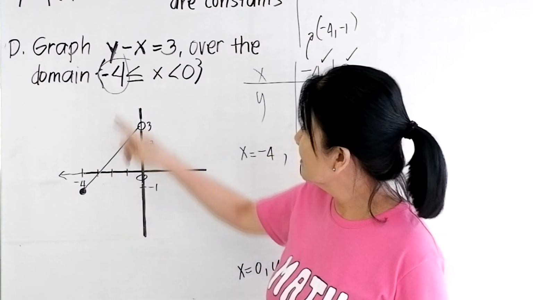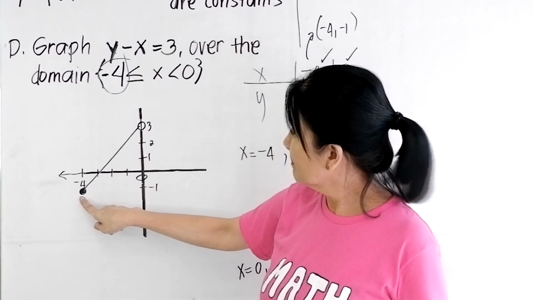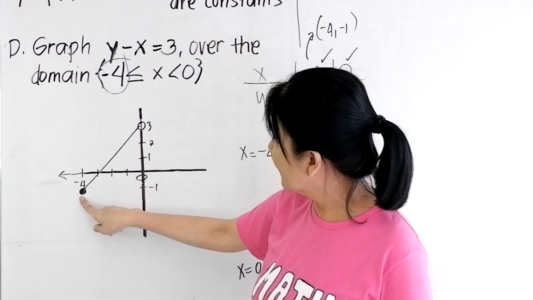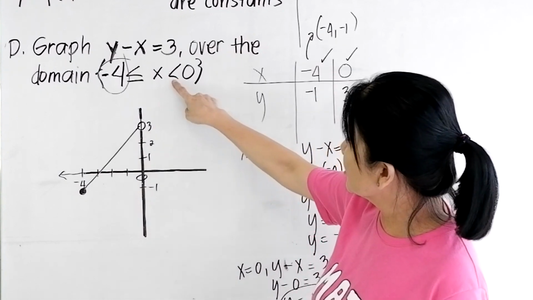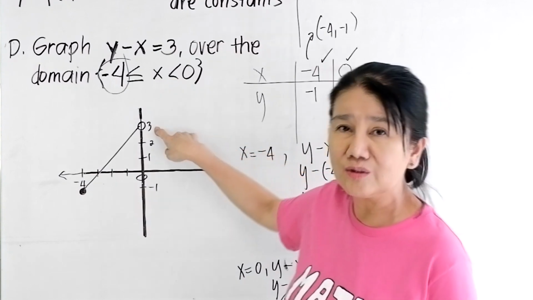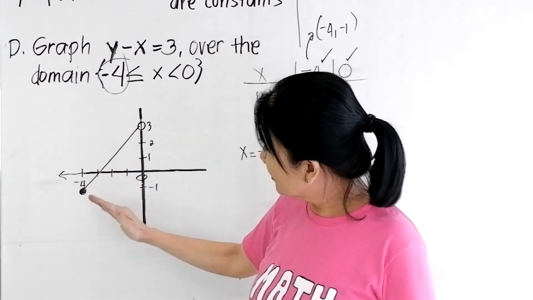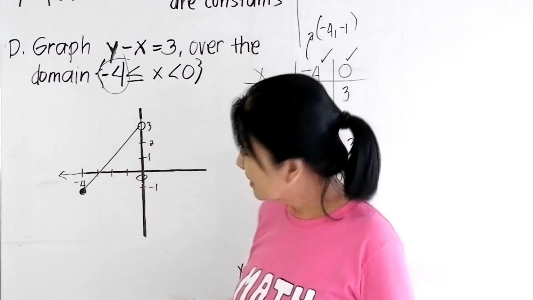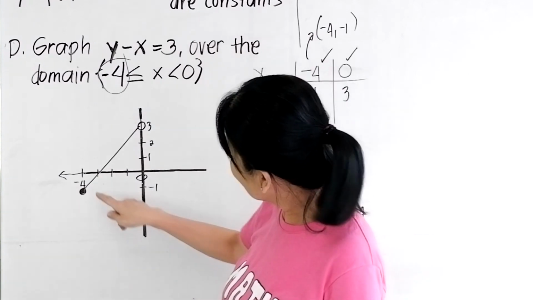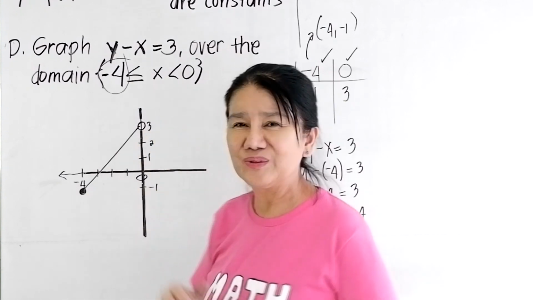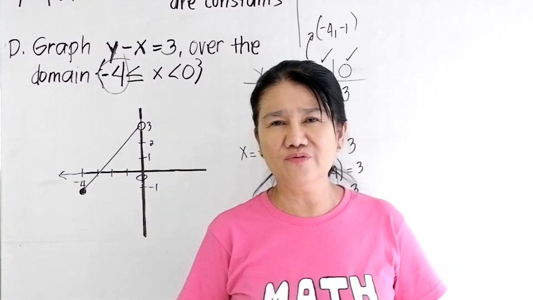This means that -4 is included or is on the line, while 3 here, since there's no equal sign here, is not included or is not a point on the line. There. So you now have a line segment where 3 is excluded. There, that's how you graph a linear equation in 2 variables over a domain.